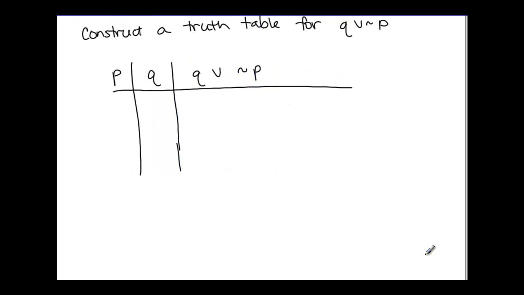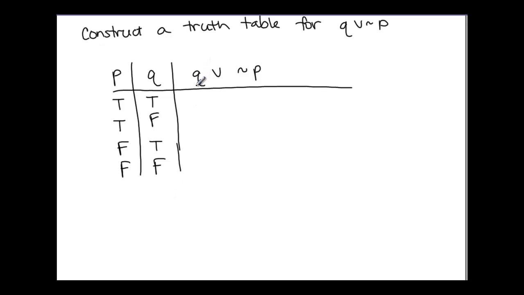Now let's look at a second problem where we're asked to construct a truth table for the statement Q or the negation of P. So we'll do the same thing as before. We have 2 simple statements here, in which we would begin the P column with true, true, false, false, and Q, true, false, true, false, and that gives us all 4 cases and combinations for those 2 statements being either true or false.